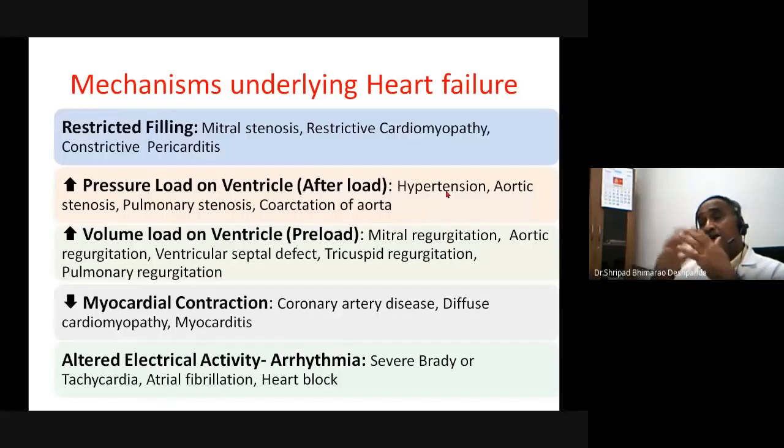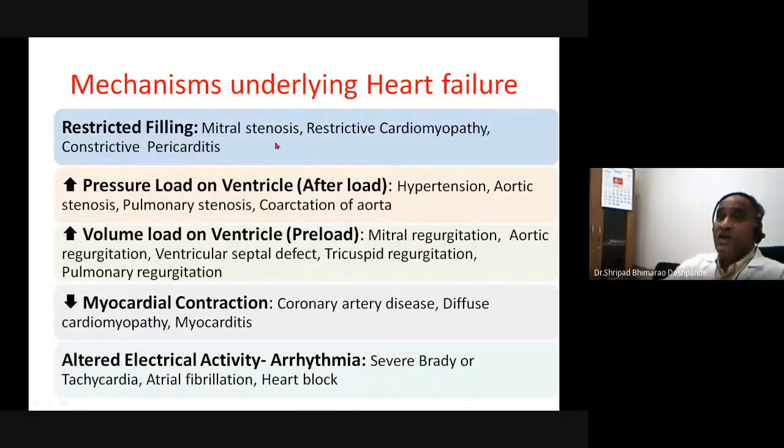Now in hypertension, where the mean arterial pressure increases, the systolic pressure may shoot up to 180, 200. So there is a load on the ventricle to push blood, and the aortic valves will not open easily because of this high pressure. So the left ventricle has to pump very greatly.